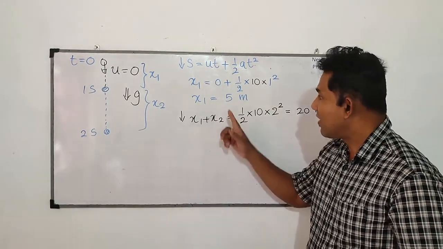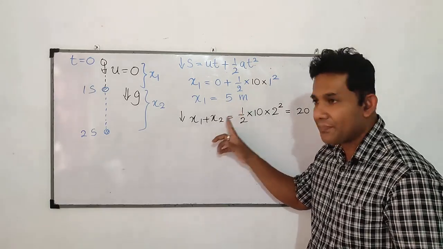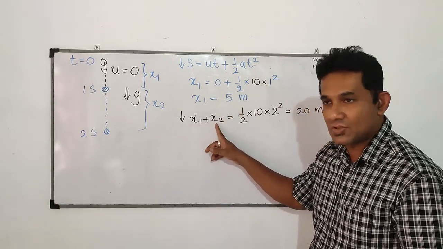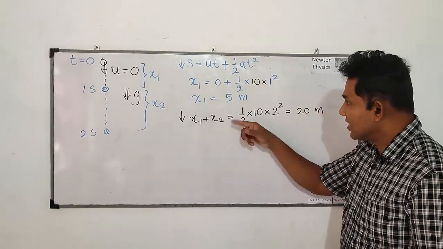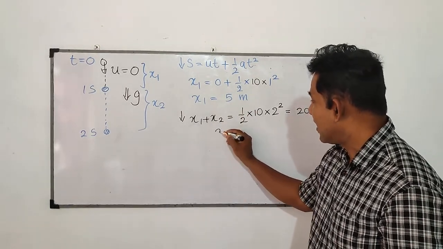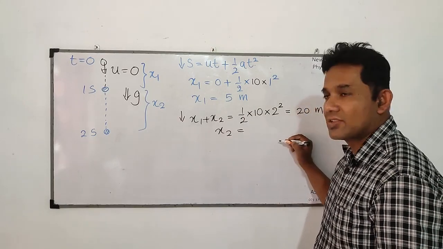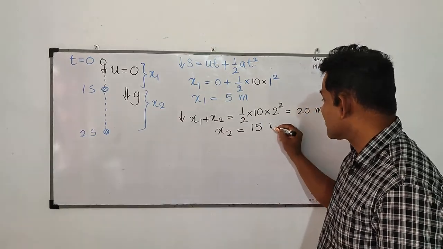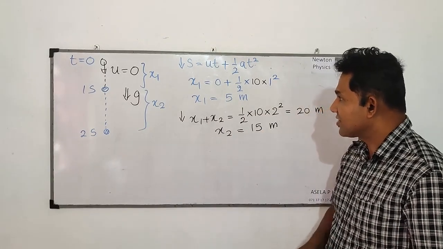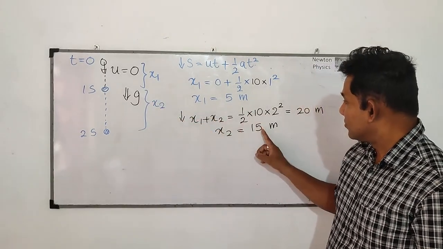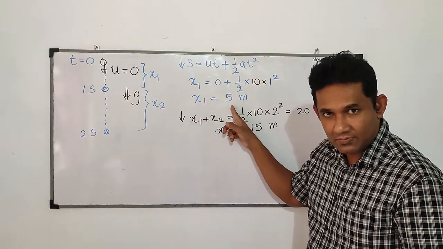We know that x1 was 5 meters, and x1 plus x2 is 20 meters. Since x1 is 5 meters, I can have x2 as 15 meters. Now you can see that the distance x2 becomes 3 times x1.